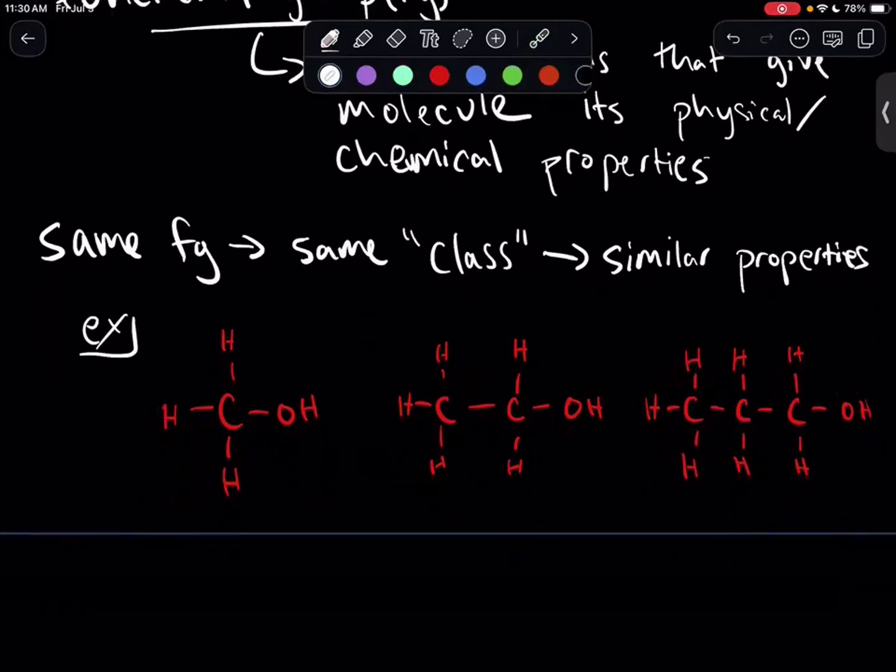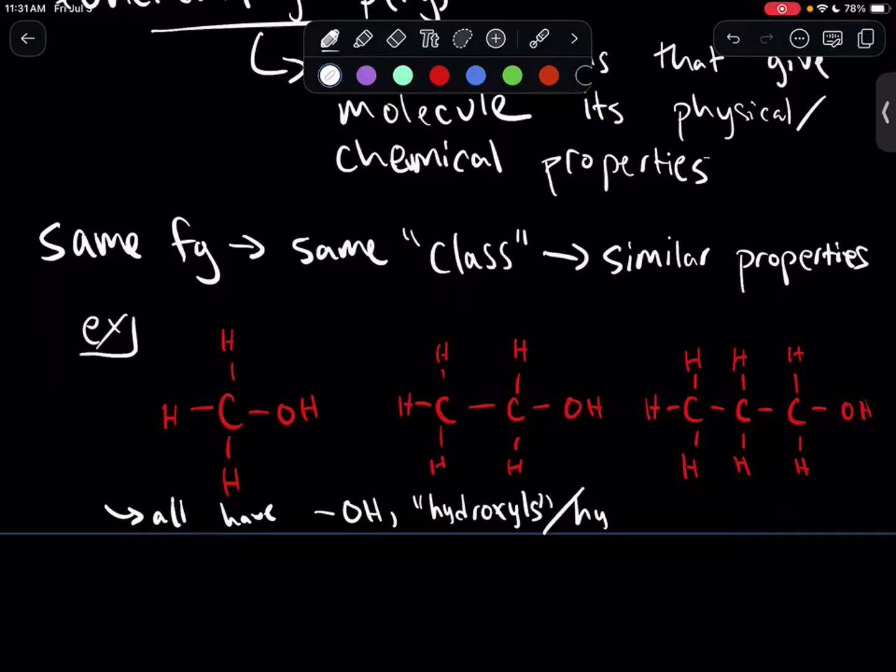We'll notice that they all have a single bond OH. This is what we would generally classify as the hydroxyl, sometimes also hydroxy. You may recognize that from the term hydroxide, which is OH minus.